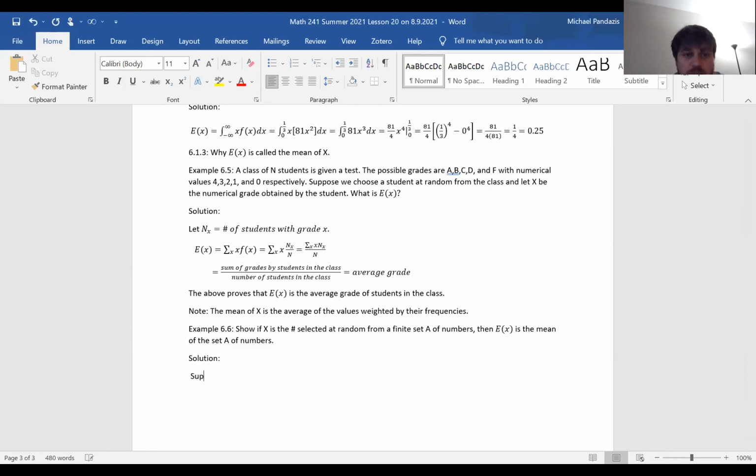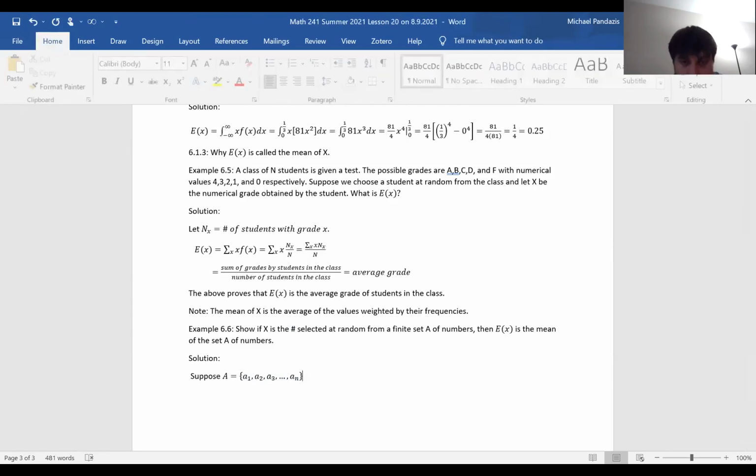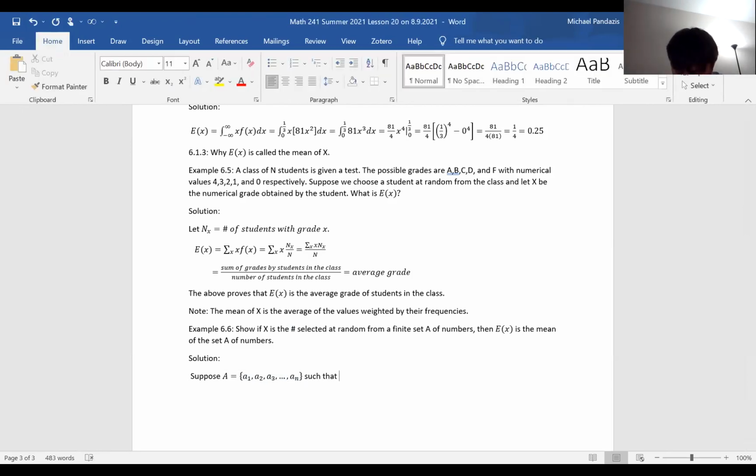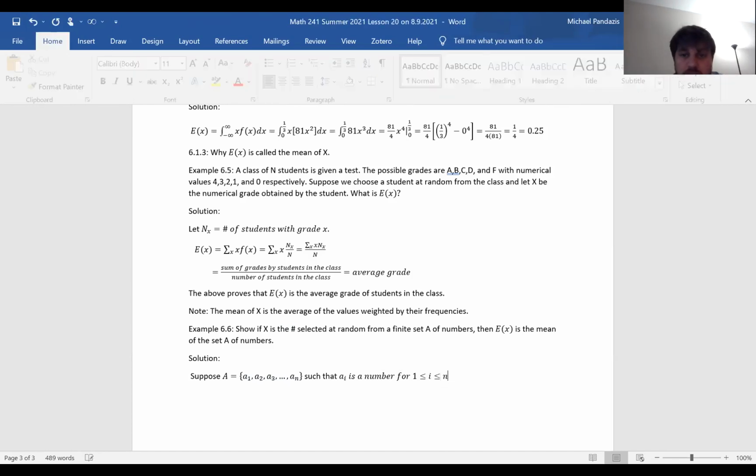We're going to suppose that capital A is equal to the set a1, a2, a3, up to a_n, such that a sub i is a number for 1 less than or equal to i less than or equal to n.